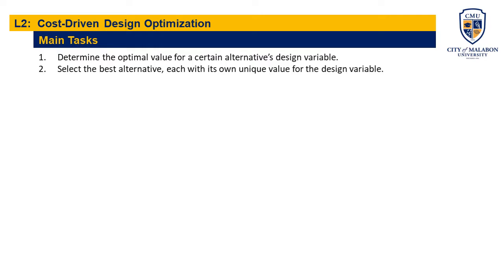For cost-driven design optimization problems, we have two main tasks that we need to do. First, we should determine the optimal value for a certain alternative's design variable. And next, we should select the best alternative, each with its own unique value for the design variable.